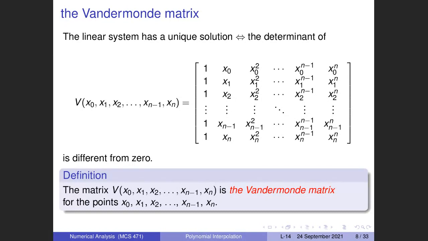If that coefficient matrix is a square matrix, as many rows as columns. So the coefficient matrix of the interpolation problem has a special name. It's called a Vandermonde matrix.